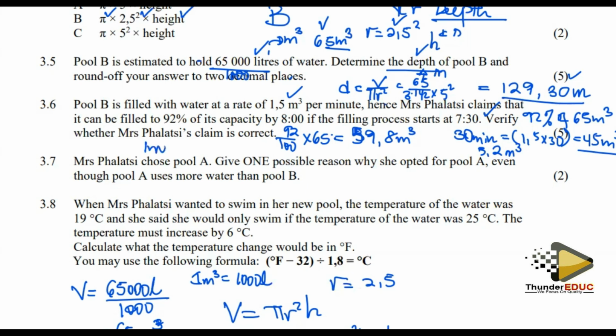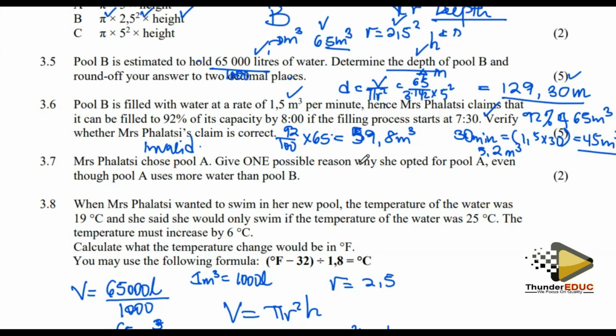We shall say it's invalid, because that's too long. Mrs. Bahati chooses pool A.